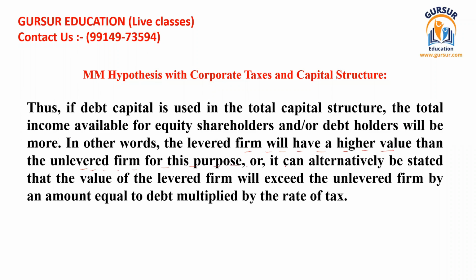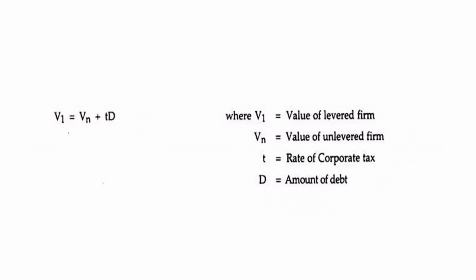Or it can alternatively be stated that the value of the levered firm will exceed the unlevered firm by an amount equal to the debt multiplied by the rate of tax. So whatever tax you have saved, the value of the levered firm shall be enhanced with that specific value. So you can easily get the formula.